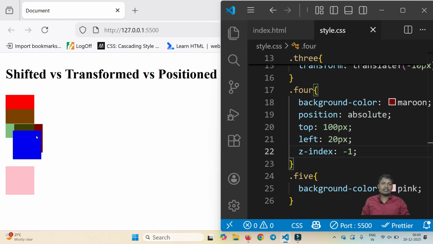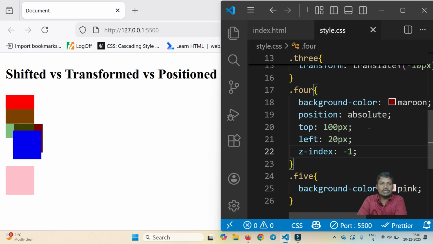Look at this. Blue is the transformed element. Green is the shifted element. The maroon positioned element goes beyond the blue and green. So the positioned element goes beyond the transformed and shifted elements.